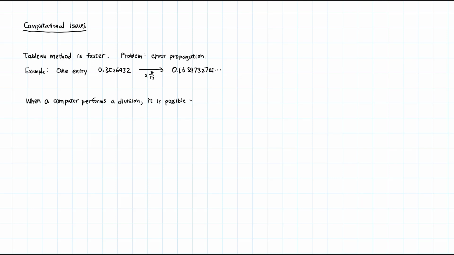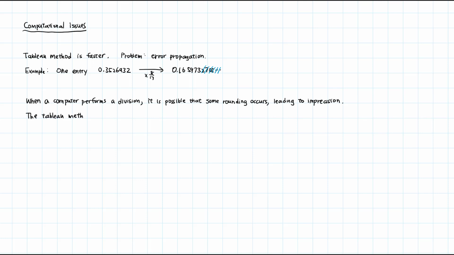Imagine that you have an LP whose data contains a lot of decimals. For example, one entry could be this one. Now, a computer does not keep track of infinitely many decimal points. So when it performs a division, like multiplying 8/17 in this example, it is possible that it rounds off the number, causing some imprecision.